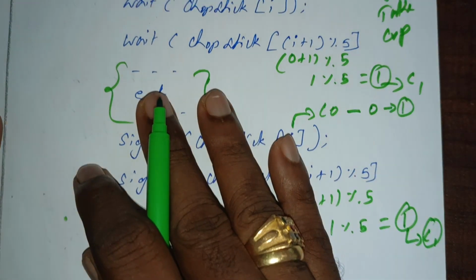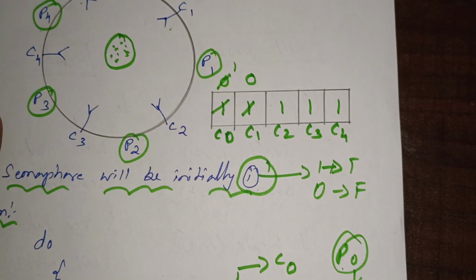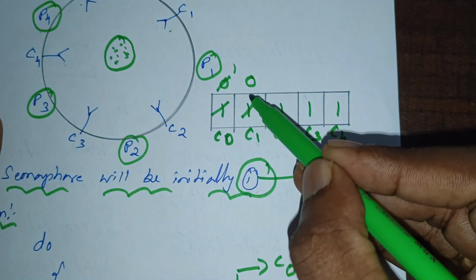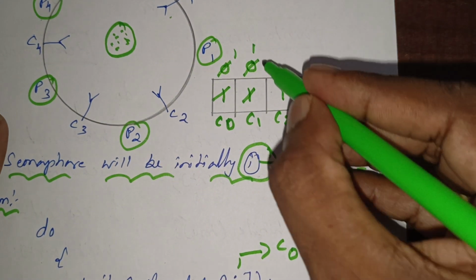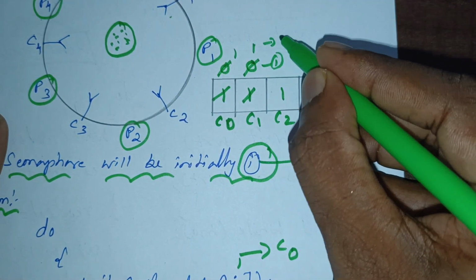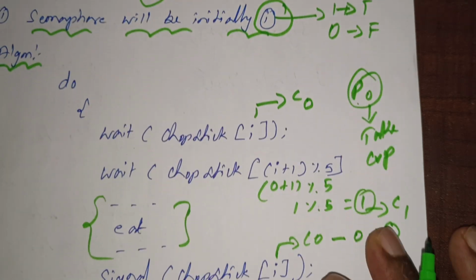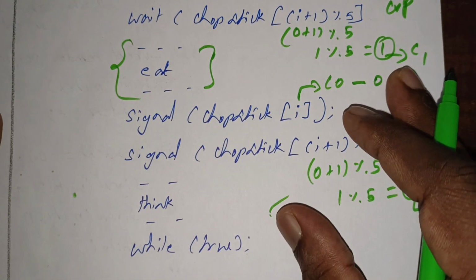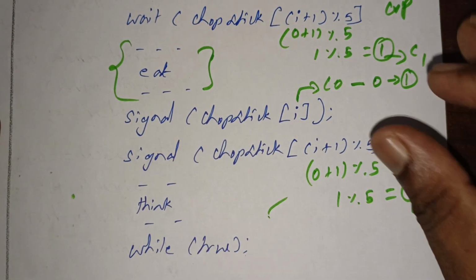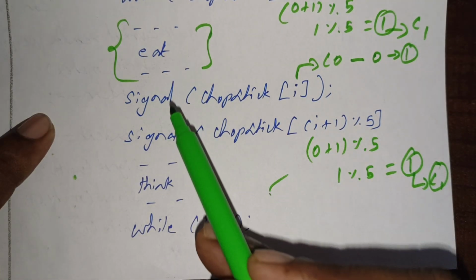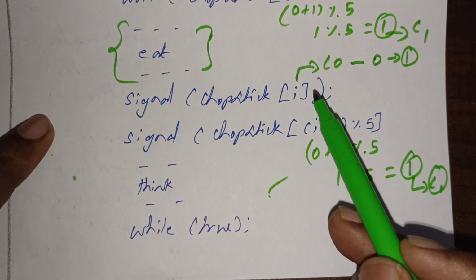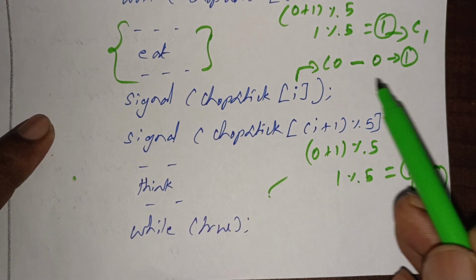So you can check it. C1 will be released, so 0 will become 1 again. This is step 1 and this is step 2. So finally, philosopher 0 has taken the chopsticks and is eating initially, and after that it is releasing these particular chopsticks in the same way.